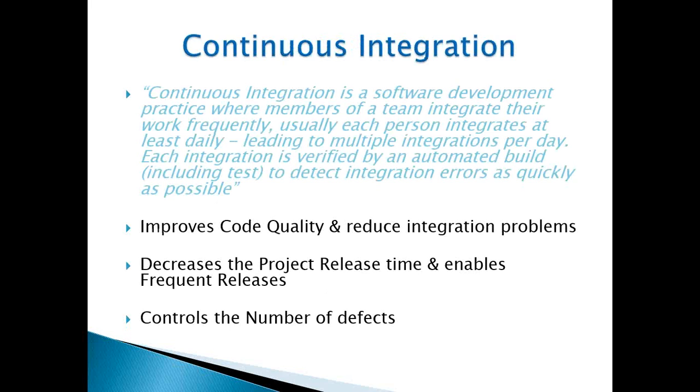So first of all, what is continuous integration? Continuous integration is a software development practice where members of a team integrate their work frequently. Usually each person integrates at least daily, leading to multiple integrations per day.